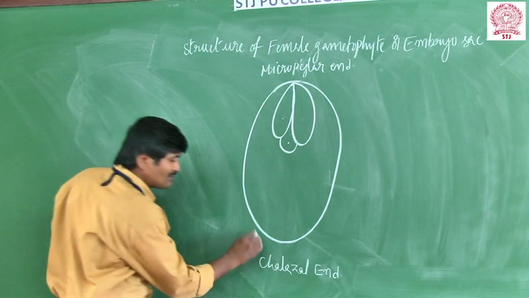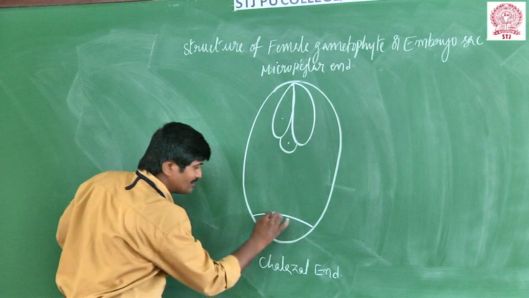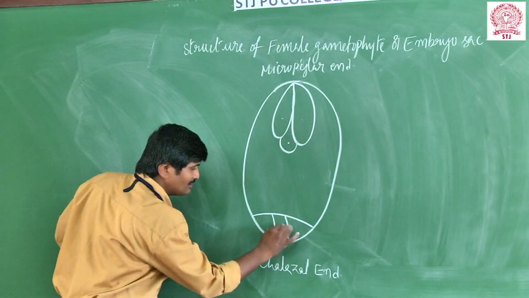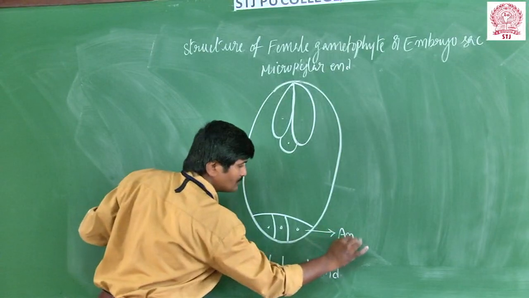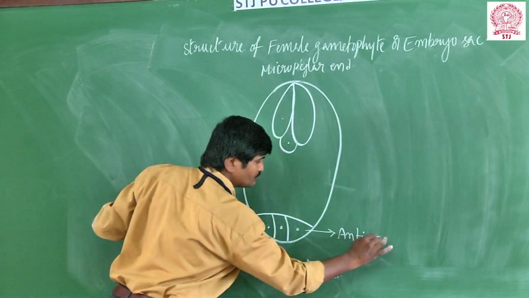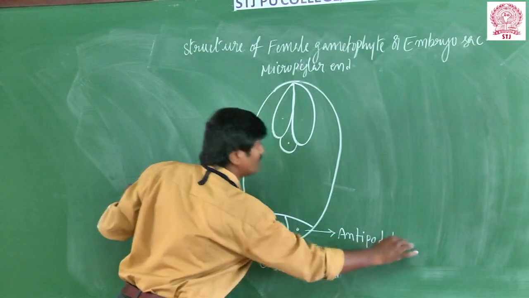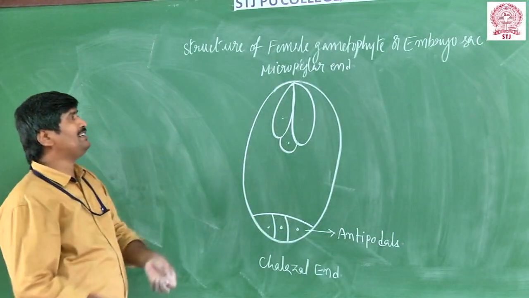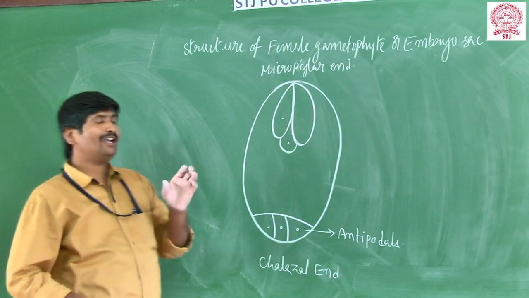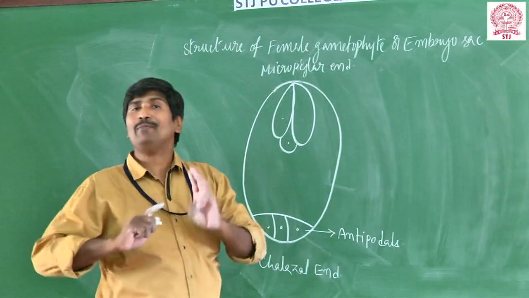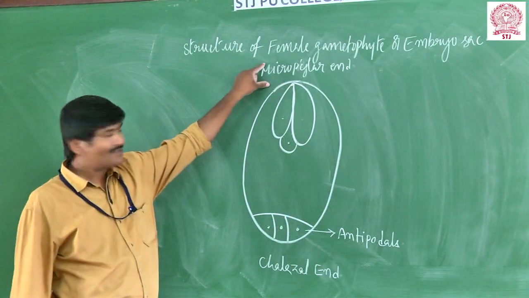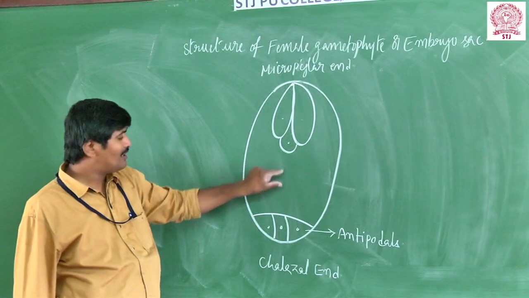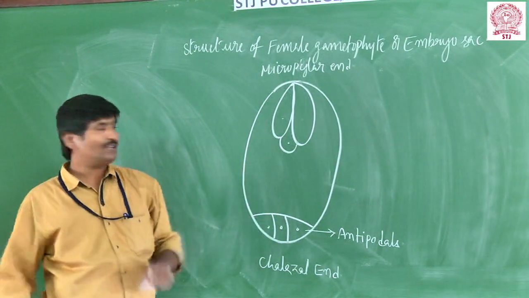The 3 cells towards the chalazal end are the antipodals. So mainly in the structure of the female gametophyte or embryo sac, there are 3 main parts: one is the egg apparatus, second one central cell, and third one antipodals.